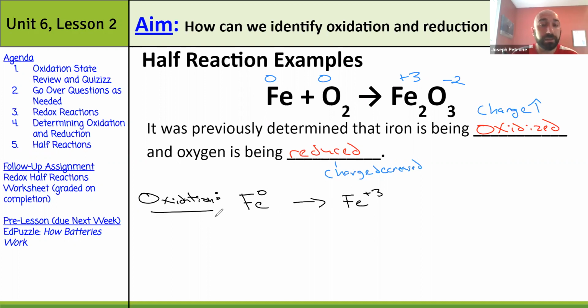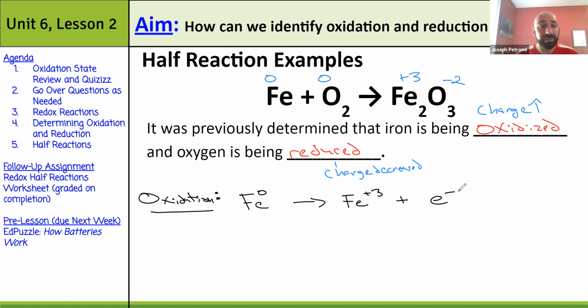Now, in an oxidation process, we are losing electrons. In a chemical sense, what that means is that if we are losing something, it is going to be a product. So along with the iron ion, Fe+3, being a product here, electrons are also going to be written as a product because we are getting rid of them. They are now away from us.